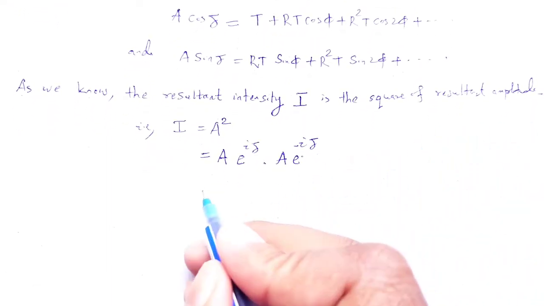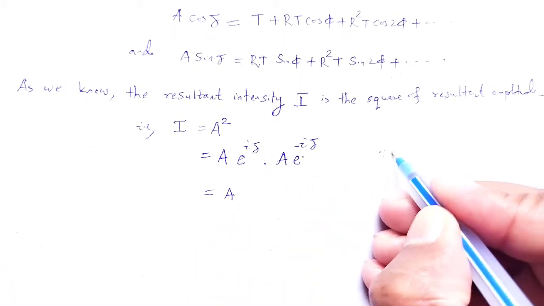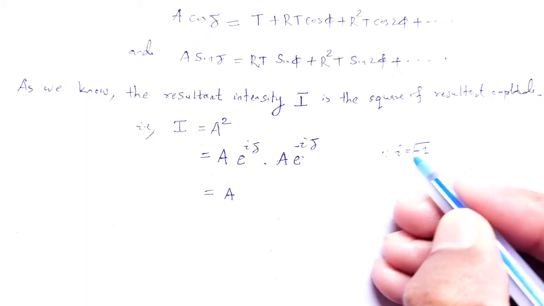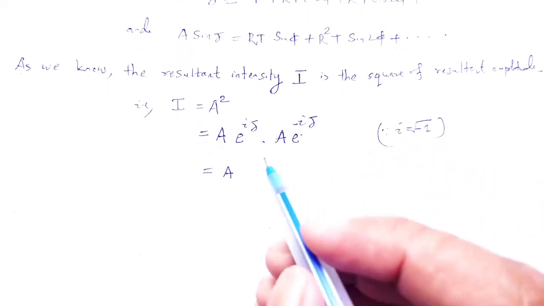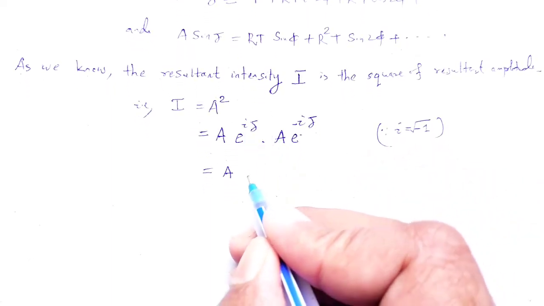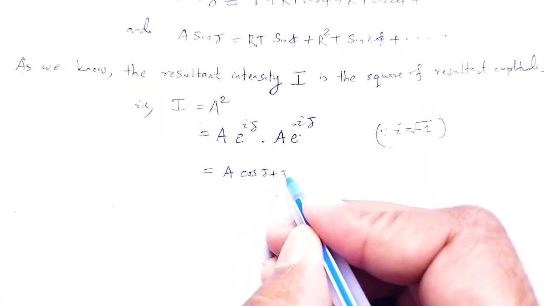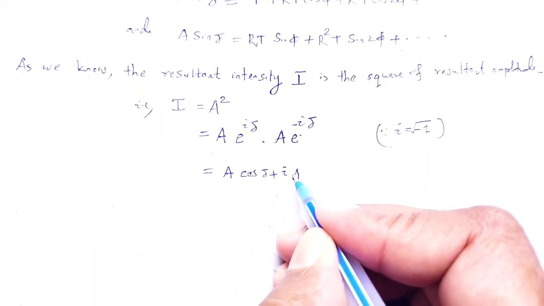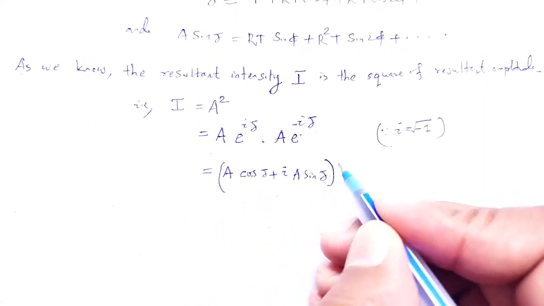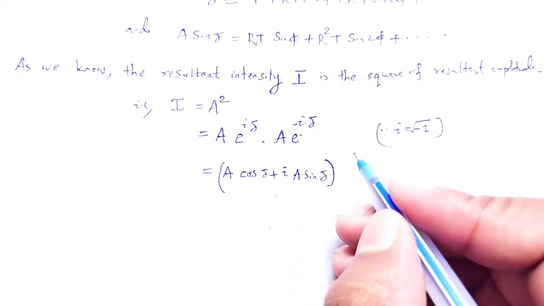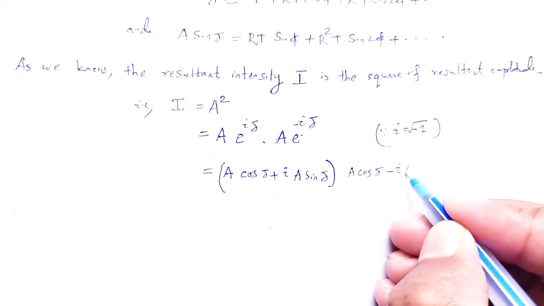There will be no such change. So, in A e to the power i delta, i is equal to under root of minus 1, we read it as iota. e to the power i delta is cos delta plus i sin delta, e to the power minus i delta is cos delta minus i sin delta.